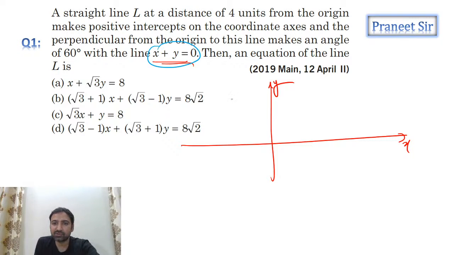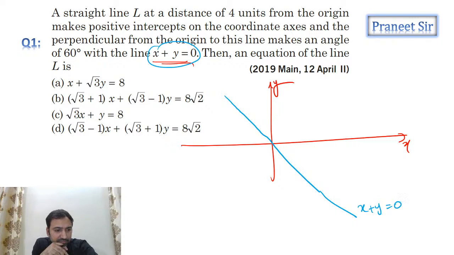The line x plus y equals 0 passes through origin, making an angle 135 degrees with the x-axis. A straight line L is at a distance 4 units from origin, makes positive intercept on the x-axis, and the perpendicular from the origin to this line makes an angle 60 degrees. So this angle is 60 degrees, guys.